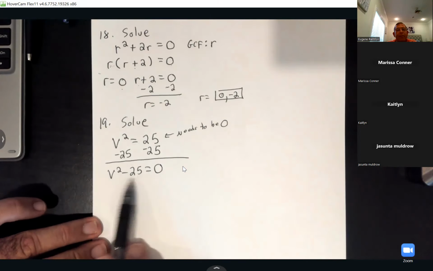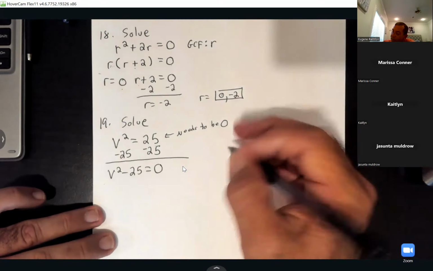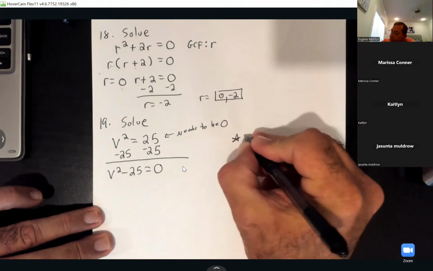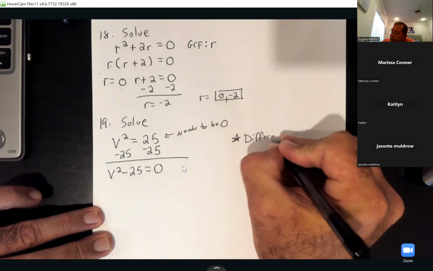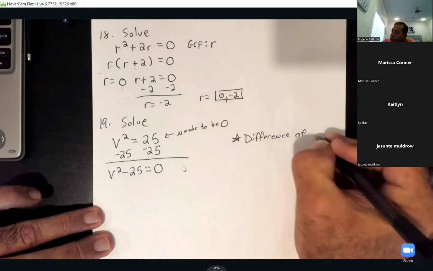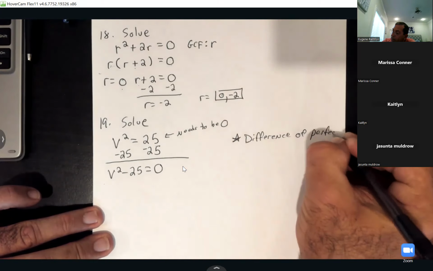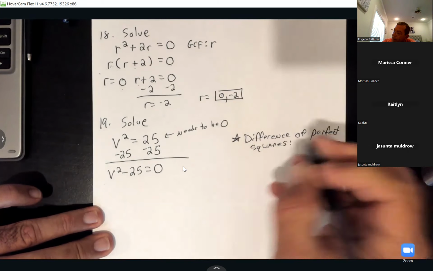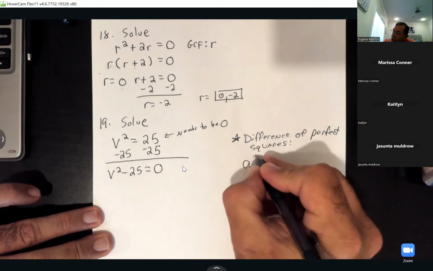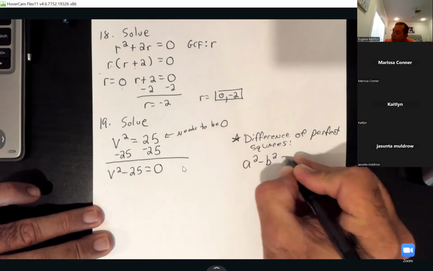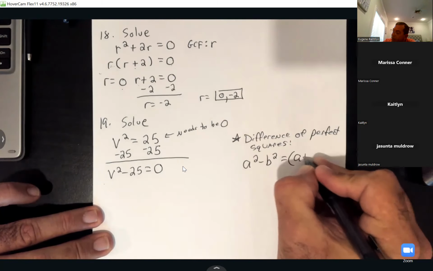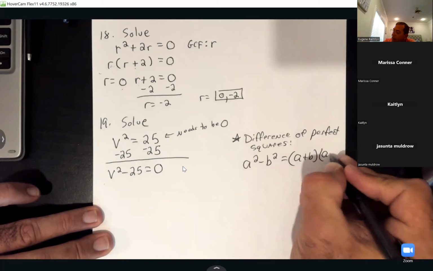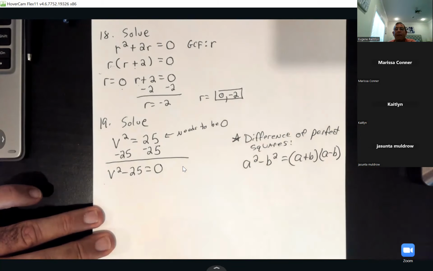So this was the difference of perfect squares stuff. And it said if I have a squared minus b squared, that factored into a plus b and a minus b.